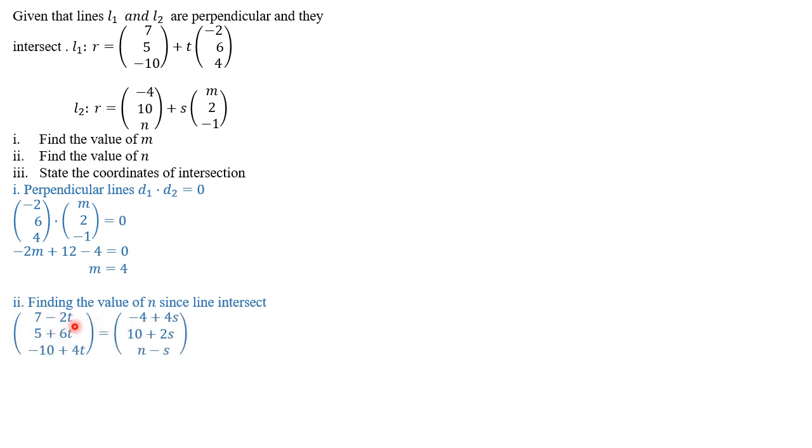The first equation and the second equation are each expressed in column form, then we equate them. We take the first and second equations and solve for t and s.